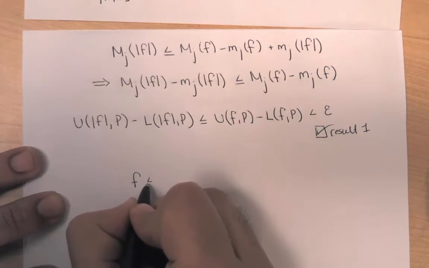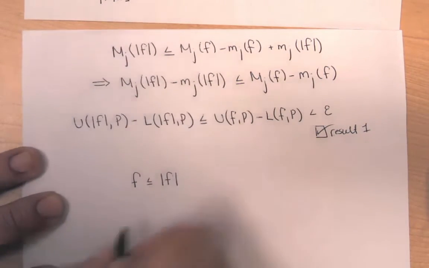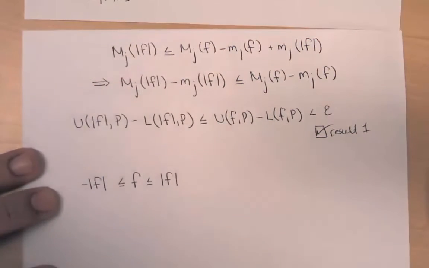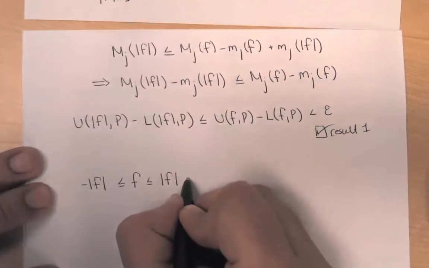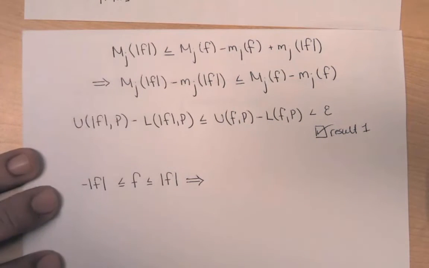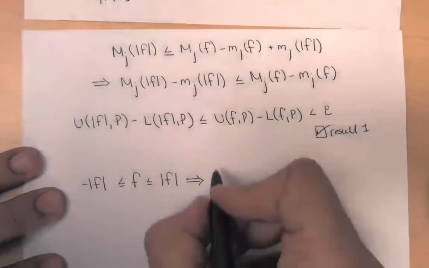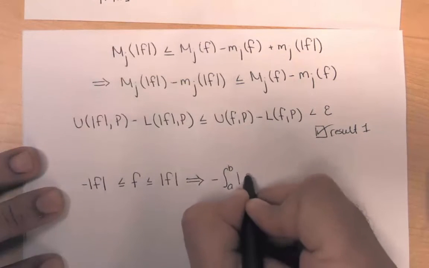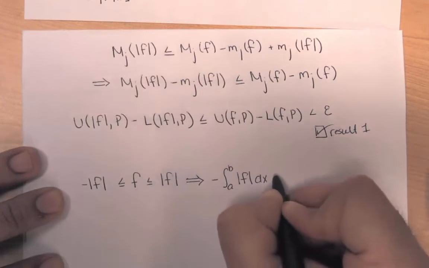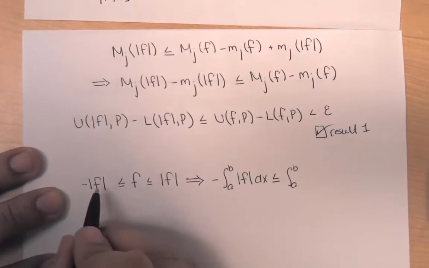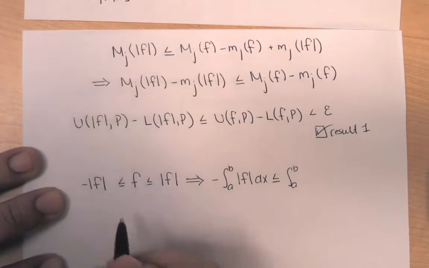f is less than or equal to its absolute value, and it's greater than or equal to its negative absolute value. That implies, by the preservation of inequalities for integrals, which we proved just a few minutes ago, that if I were to integrate this, this, and this, these inequalities are preserved.